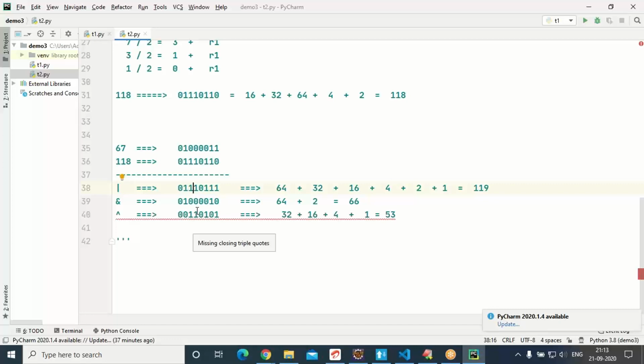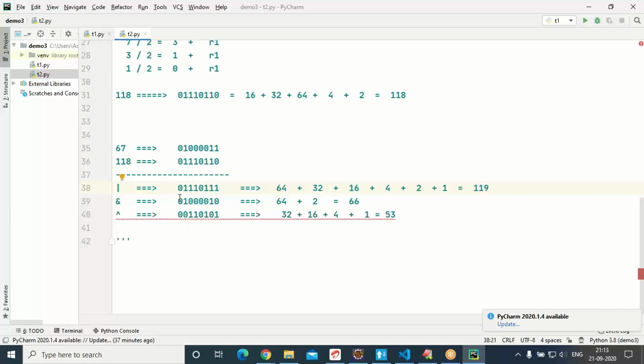Third one, 0 and 1 is a 1. Fourth one, 0 and 1 is a 1. The next one, 0 and 0 is a 0. Then 0, 1 is a 1. 1, 1 is a 1. 1, 0 also 1. OR operator: if any one is a 1, it produces 1.